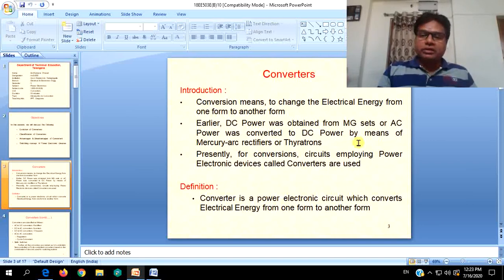So by using an AC motor, if you rotate a DC generator, the output will be DC. That is a sort of conversion from AC to DC. Likewise, if it is driven by a DC motor and the output is DC, then it is DC to DC.